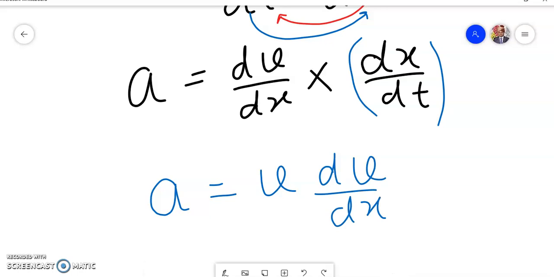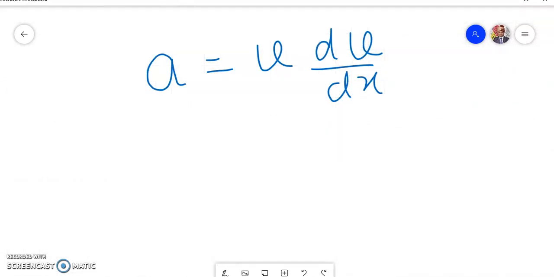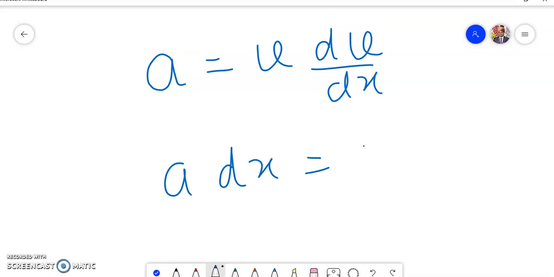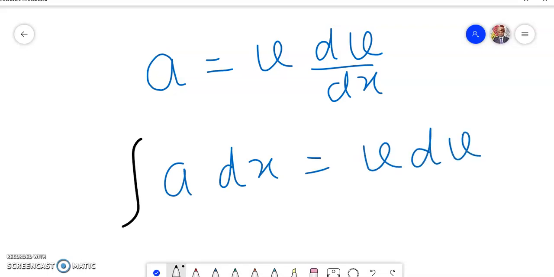See how this can be done. It is now a dx is equal to v dv. Integrating this function under the limit. Initially, when the velocity is u, let the displacement be x naught. Finally, when velocity is v, then the displacement is x.